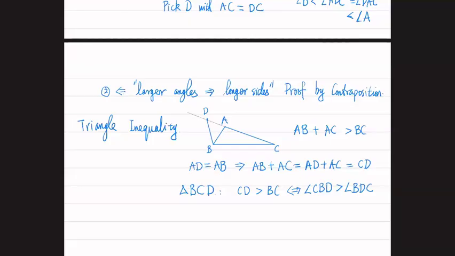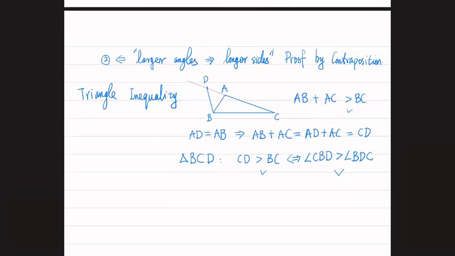We can check this easily using the property that these two sides have the same length. So this angle and this angle have the same measure. The whole angle is bigger than a part of it, which is equal to this. So we can check this quickly. So this is true, then this is true. Triangle inequality.